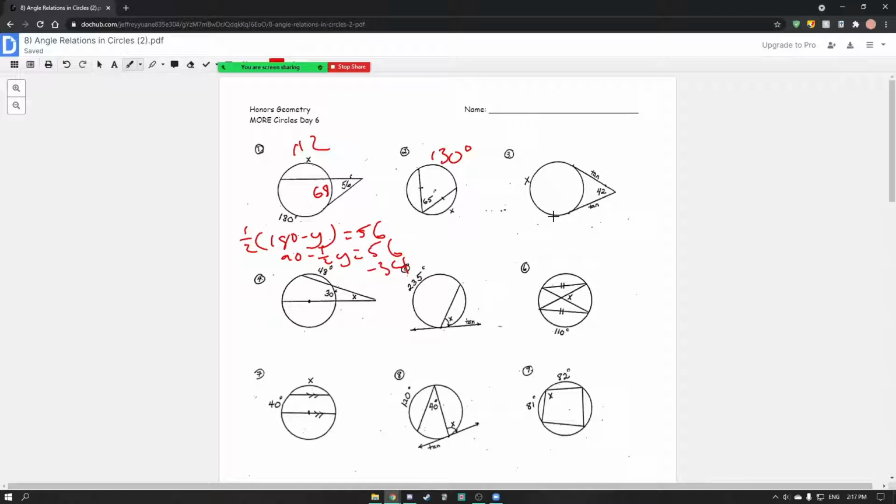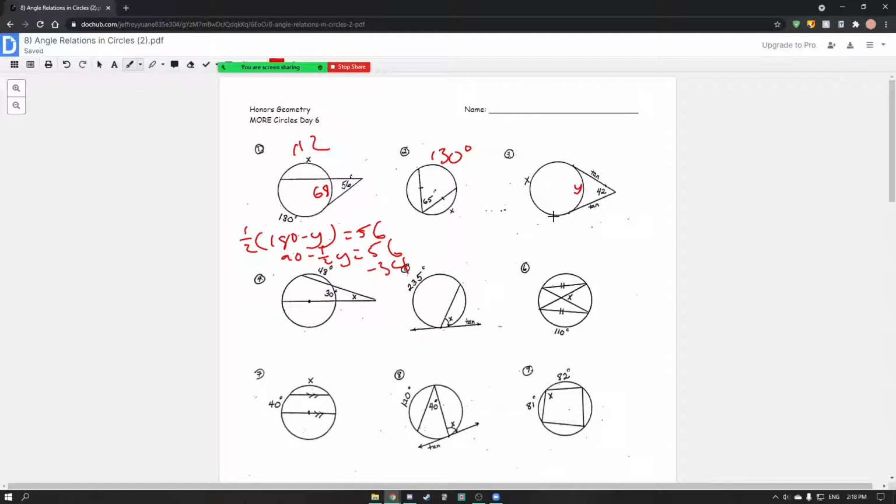So we can set this as an equation and write 180 minus the smaller inscribed arc, which was y, equals 56 times 2, because we're just taking the half and bringing it over to the other side. So it's 112 equals 180 minus y. y eventually becomes 68 if you solve it out.